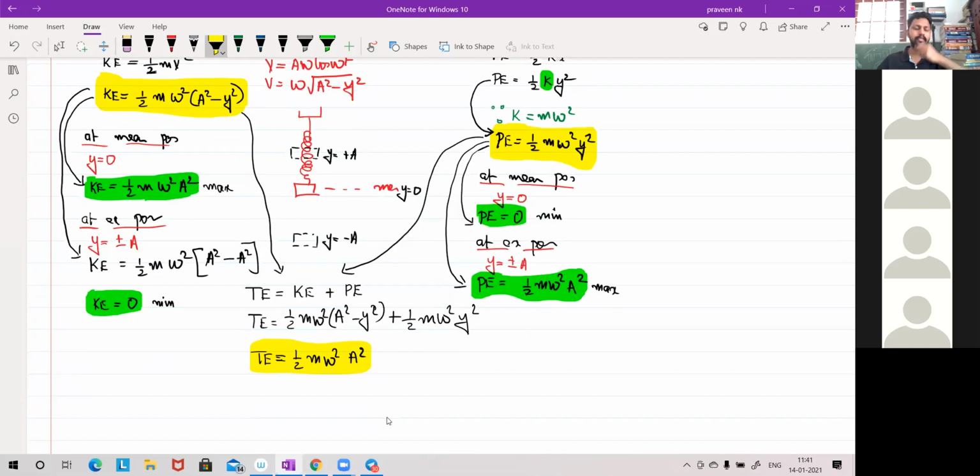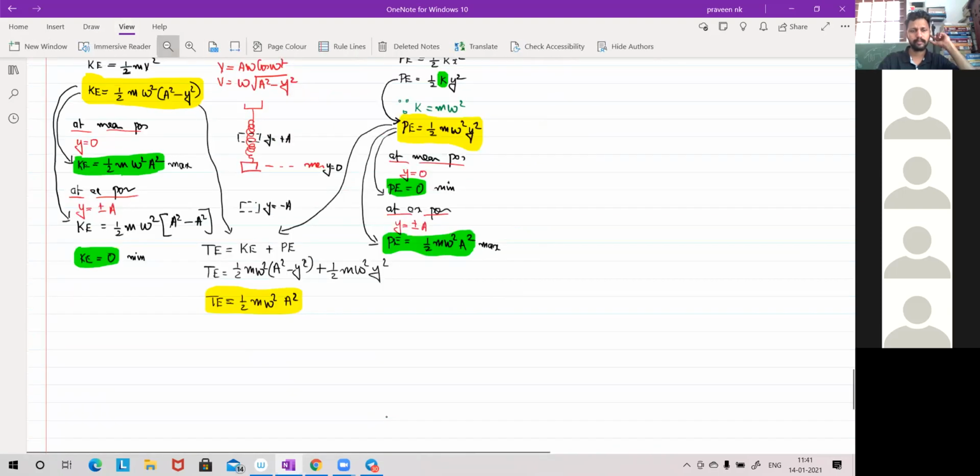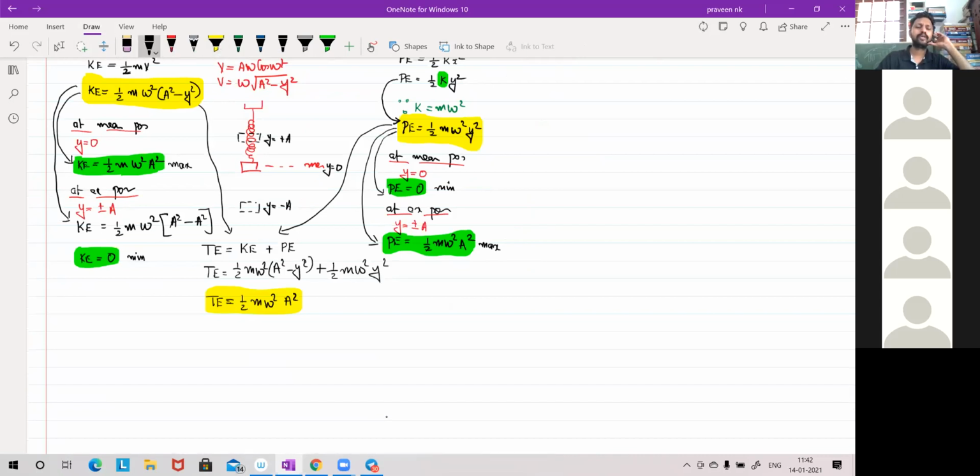Therefore, let's try to analyze the graph for this. If we have to draw the graphical representation, what can we do?